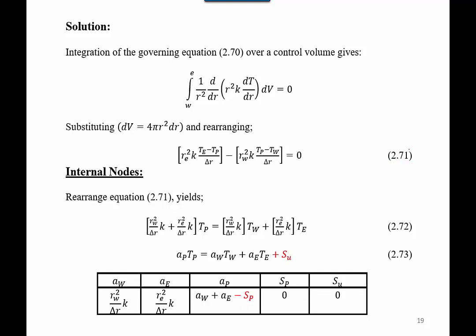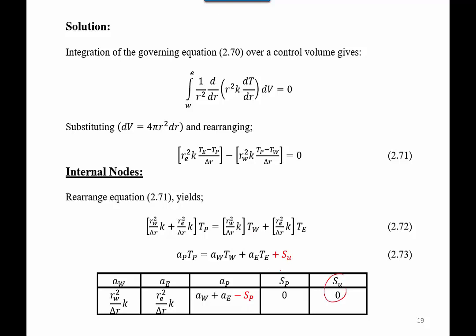So when we start our solution for the internal node, we will collect the parameter which is multiplied by T point and put it on the left, and the other parameters on the right, and we will write it in the general discretization form, which is shown in equation 273, and we will add a zero value for this equation. It will be plus SU term for the sake of programming.